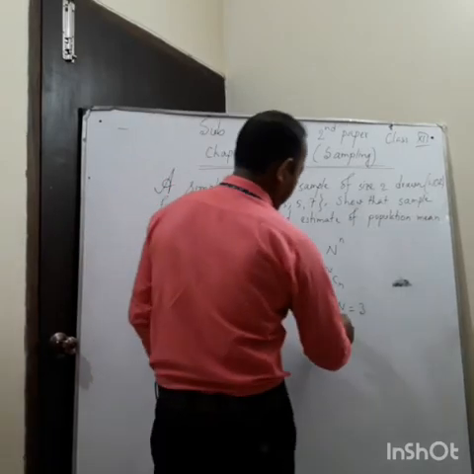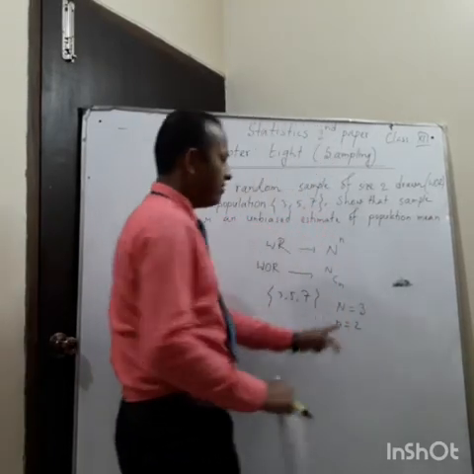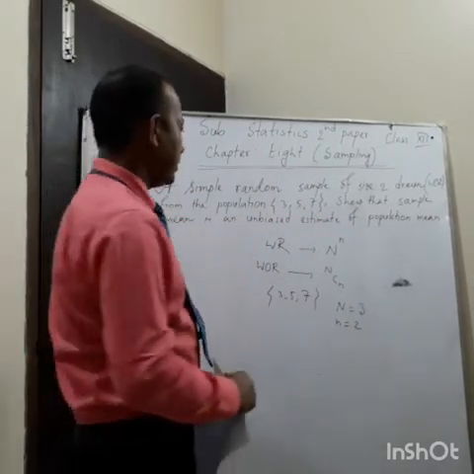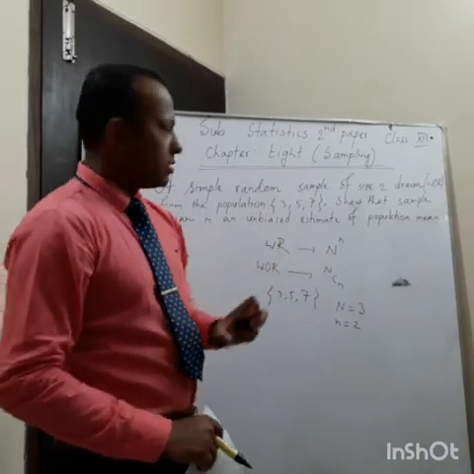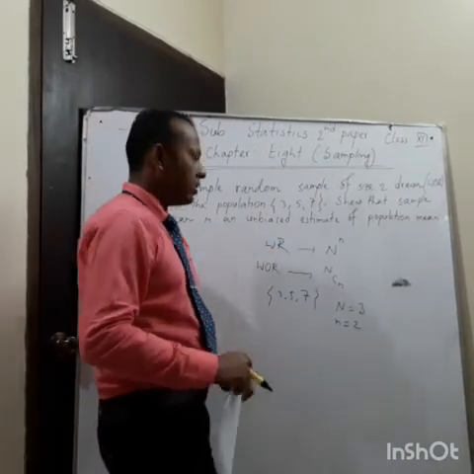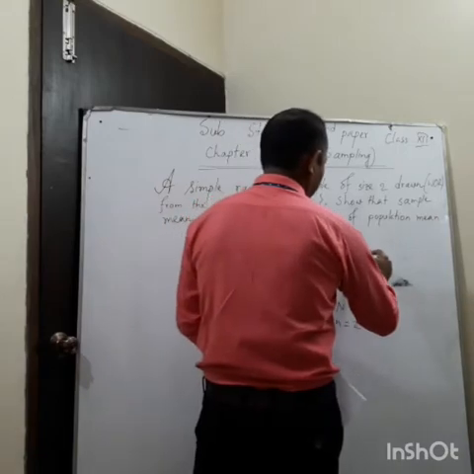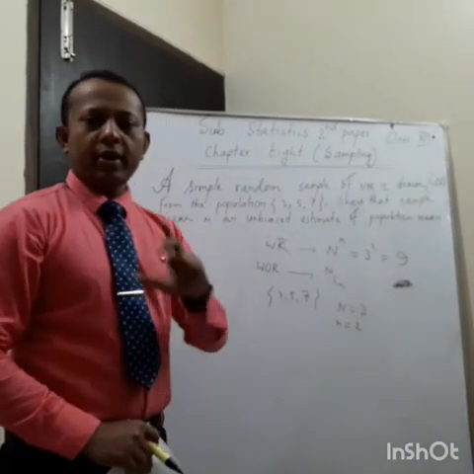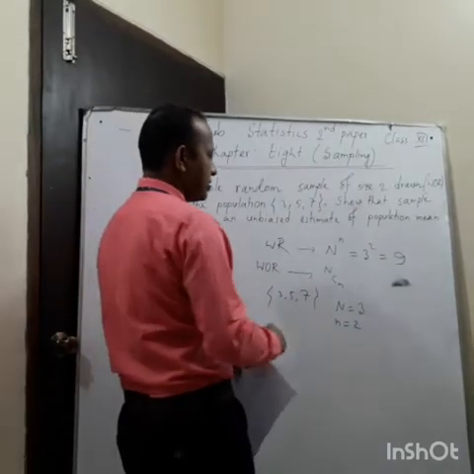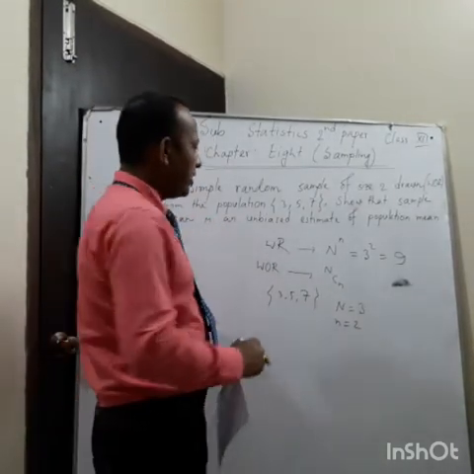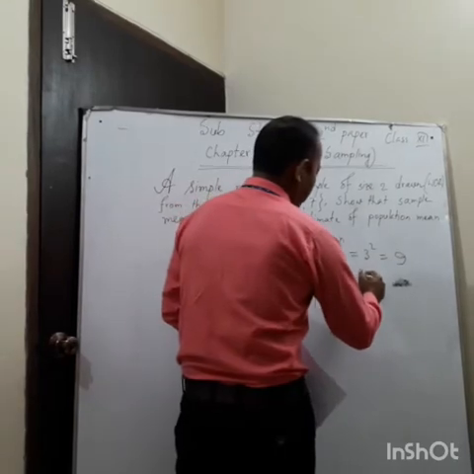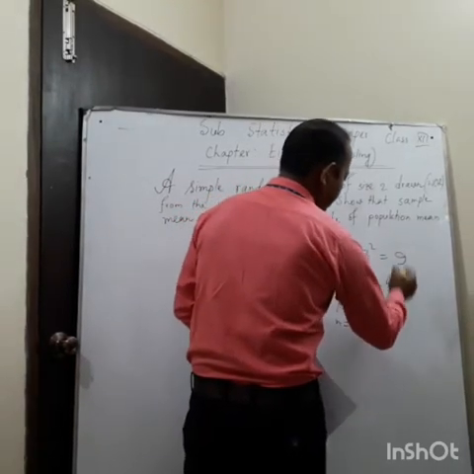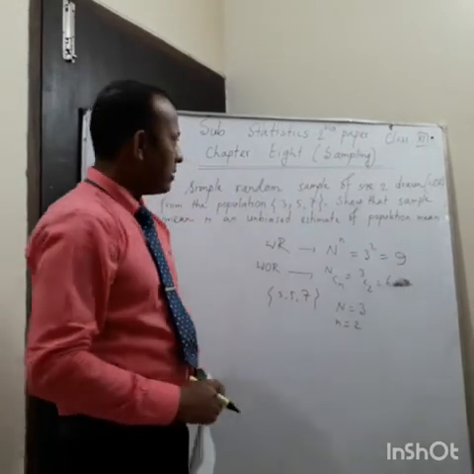Here small n is 2 and capital N is 3. By this, when you collect the sample with replacement, we will get 3 squared, that is 9 samples. On the other hand, if we collect the samples without replacement, we will get 3C2, that is 3 samples.